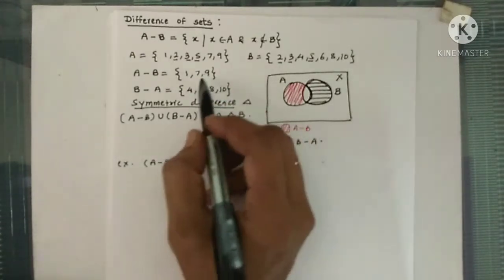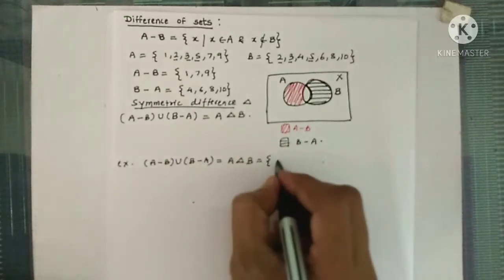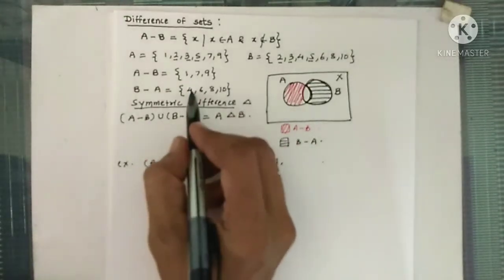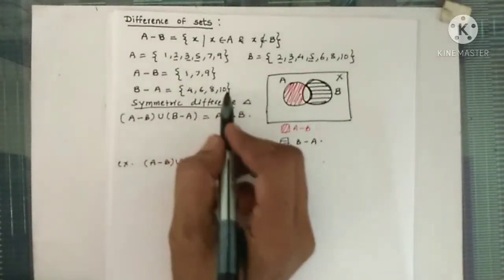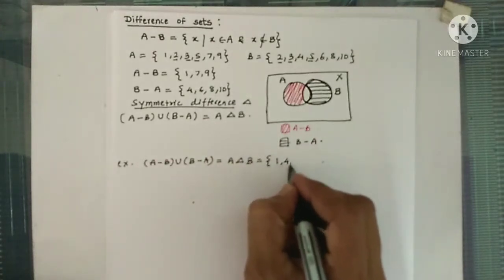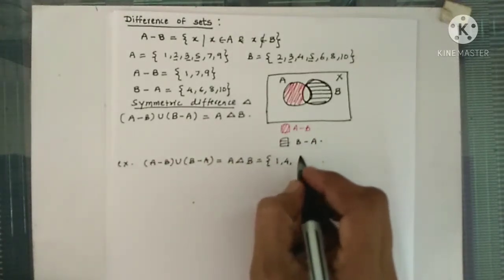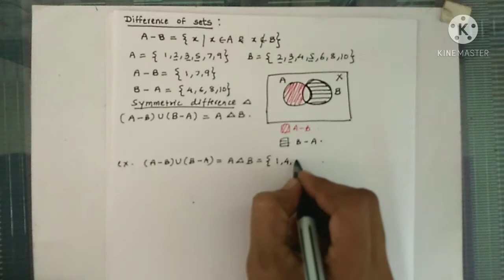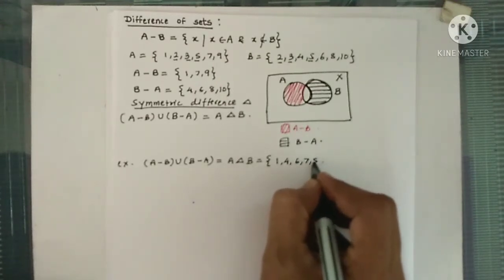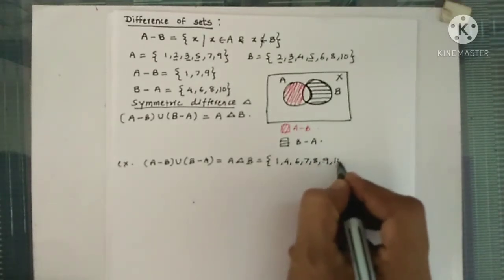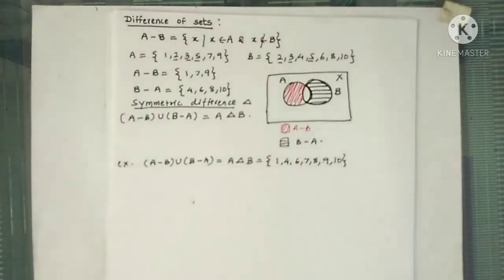So we have to write all the elements of A minus B and B minus A. So 1, 4, 6, 7, 8, 9, 10. Writing in increasing order: 1, 4, 6, 7, 8, 9 and 10. So this is the symmetric difference.